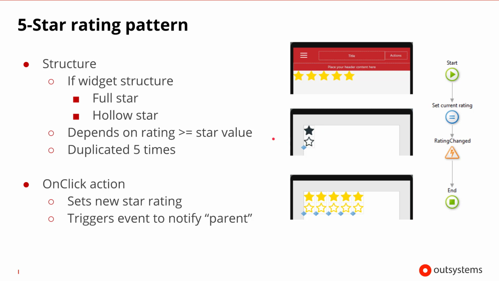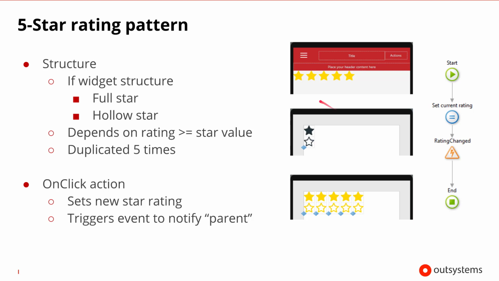This will depend on the rating value. For one particular if block, when it's correctly configured, we'll duplicate that 5 times, and then we'll make sure that it's styled properly so that we have gold stars or whatever color stars we want instead of the default black and white.